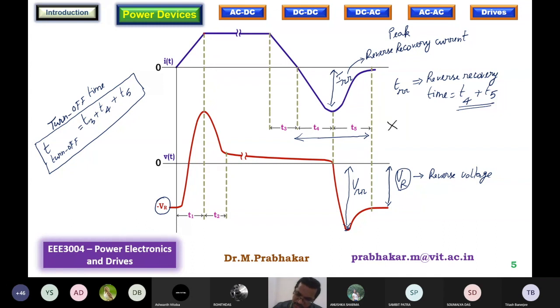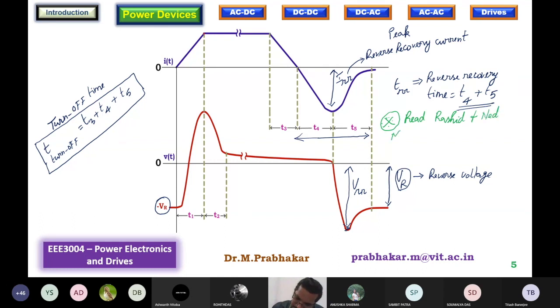One point before I leave. I will indicate it in black, so try to use some other color. You try to refer to a textbook that gives a good, simple expression with regard to the reverse recovery time. So read Rashid and Ned Mohan.